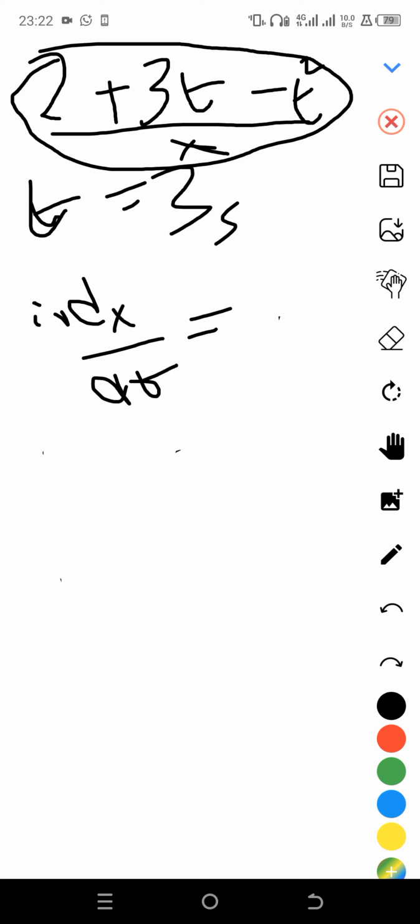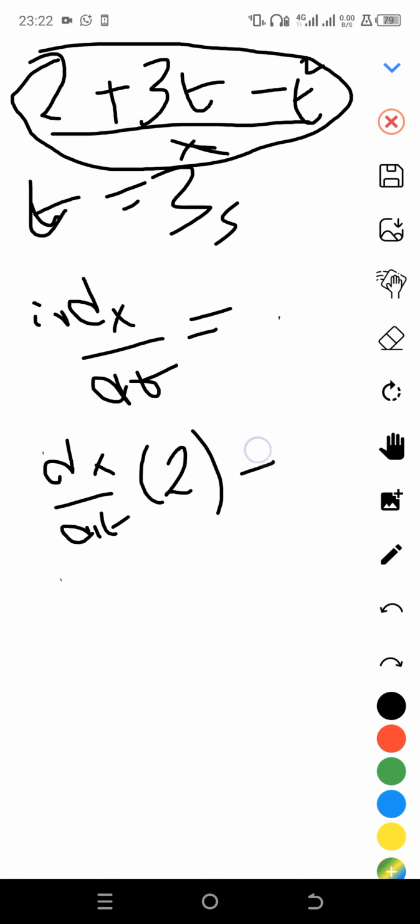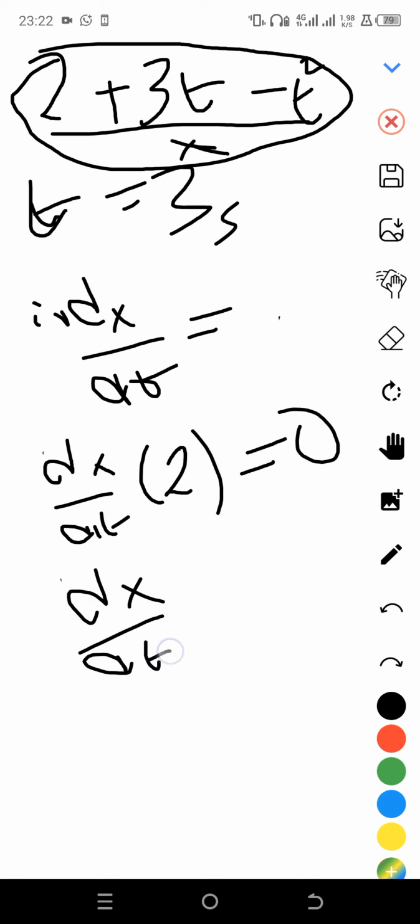So the derivative of 2 is 0. Now we can move on to 3t. So d/dt of 3t, what will this be equal to?